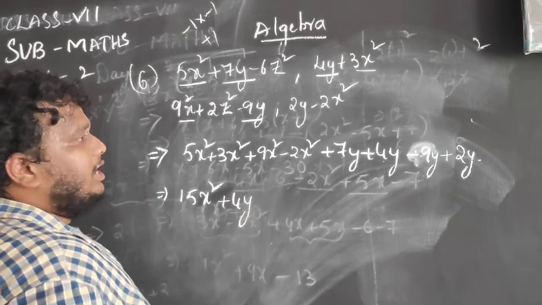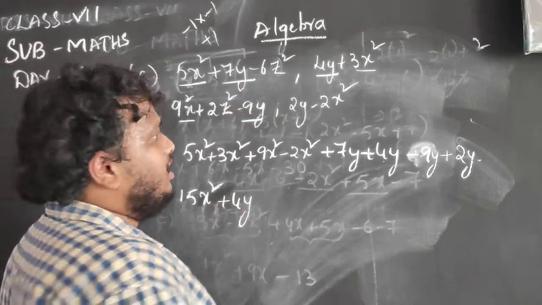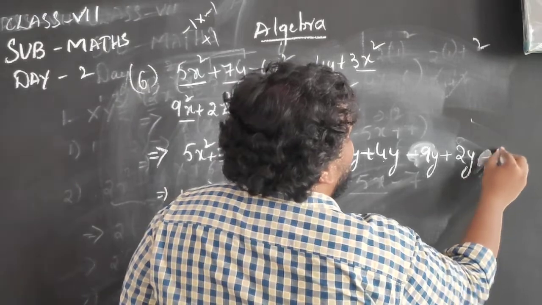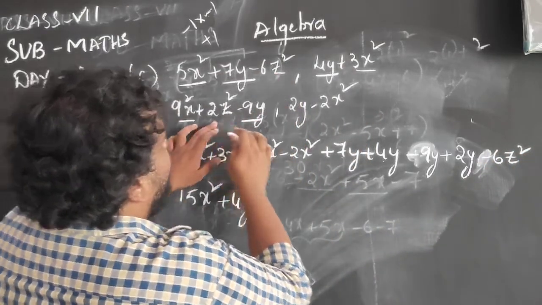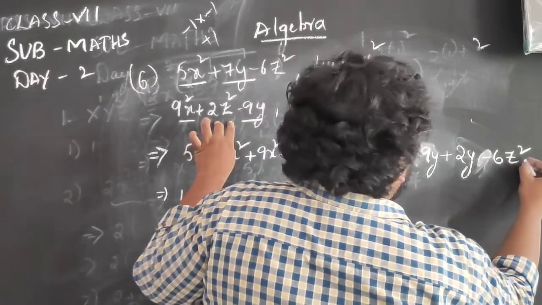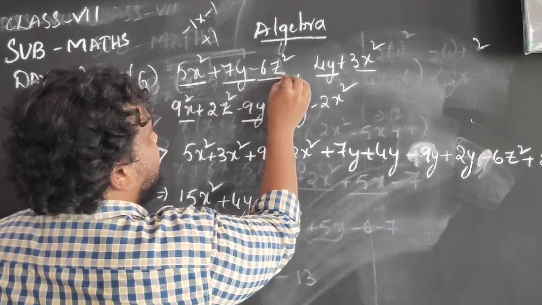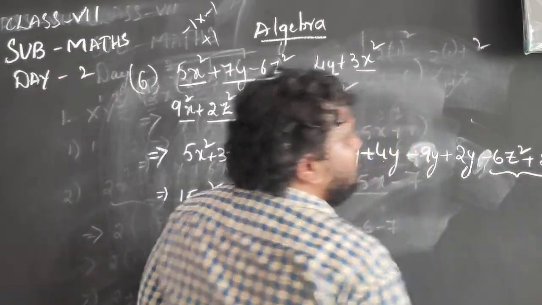Now write what you have remaining, the z square family. What are the z squares here? Minus 6z square and plus 2z square.